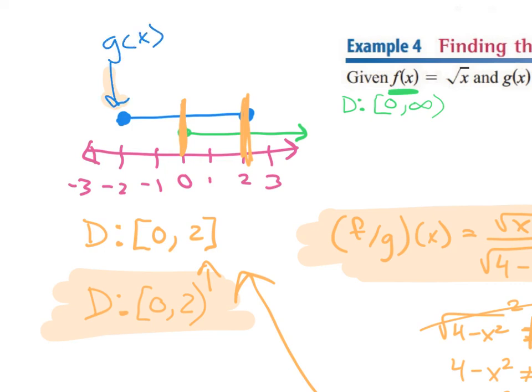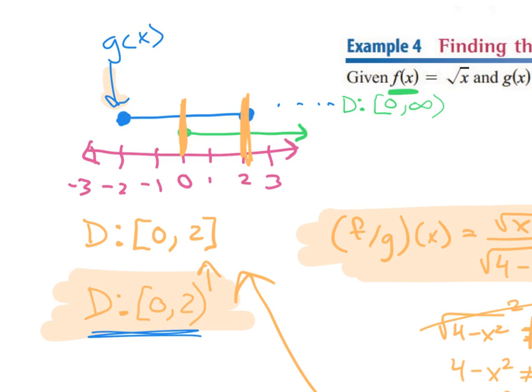Our g of x cannot have numbers higher than 2. So it doesn't go to infinity, so that's why it can't be in our domain down here. So our domain of our combination function is only what's in common. So the only parts that were common were from 0 to 2.